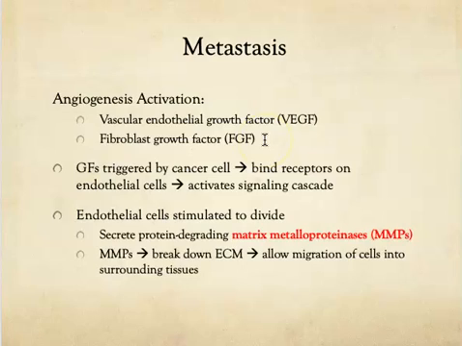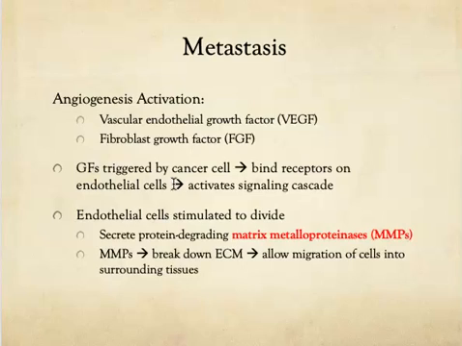These growth factors have to be produced. They have to come from increased expression of the genes that code for them. And it's the cancer cells that are triggering that. Growth factors bind to receptors on already existing blood vessels, on the endothelial cells that make up these blood vessels.